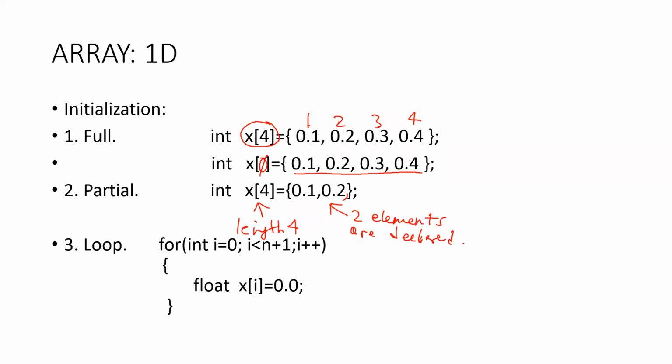Okay. Boleh ke integer ada 0.1, 0.2? Boleh, tapi dia akan jadi kosong. Semua benda ni akan jadi kosong. So sepatutnya yang ni kalau nak dapatkan dia punya full number should be a float. This one is also float. This one is also float. So yang ni dari segi ni lah.